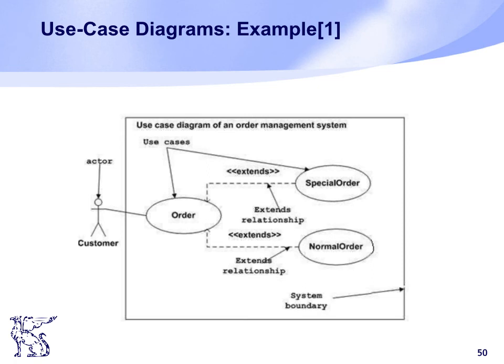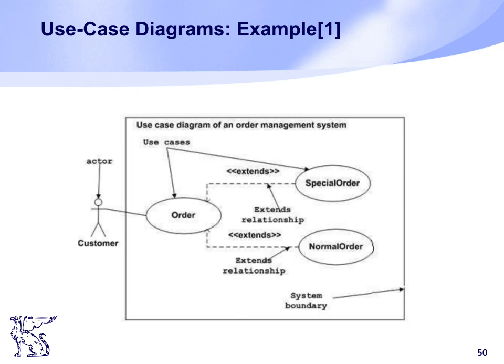Okay, so here we will have 3 use cases: order, special order, and normal order. And we will have one actor, which is customer. The special order and normal order use cases are the extended form of the order use case.